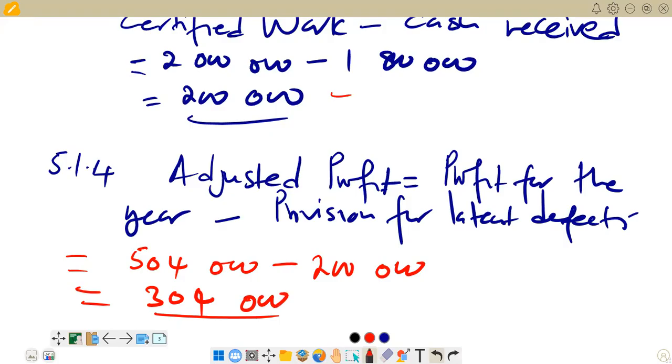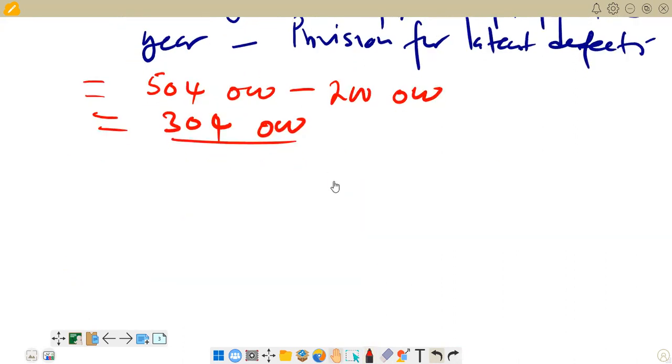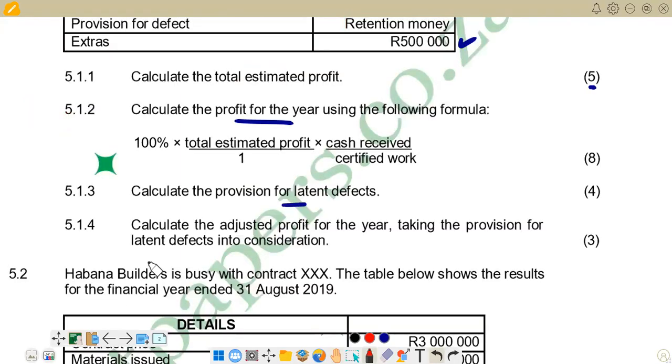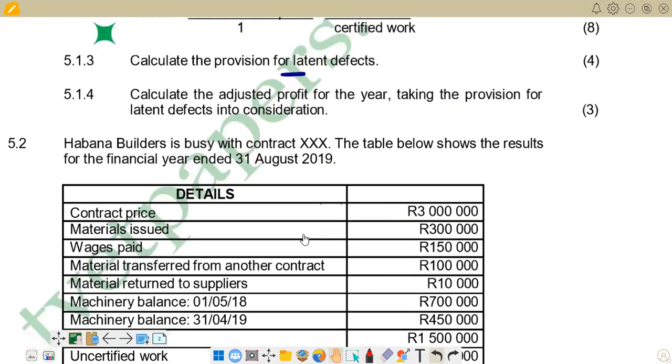So we move on. The next question is 5.2. Right, we come here. 5.2 is just below first part. We are given Banner Builders.